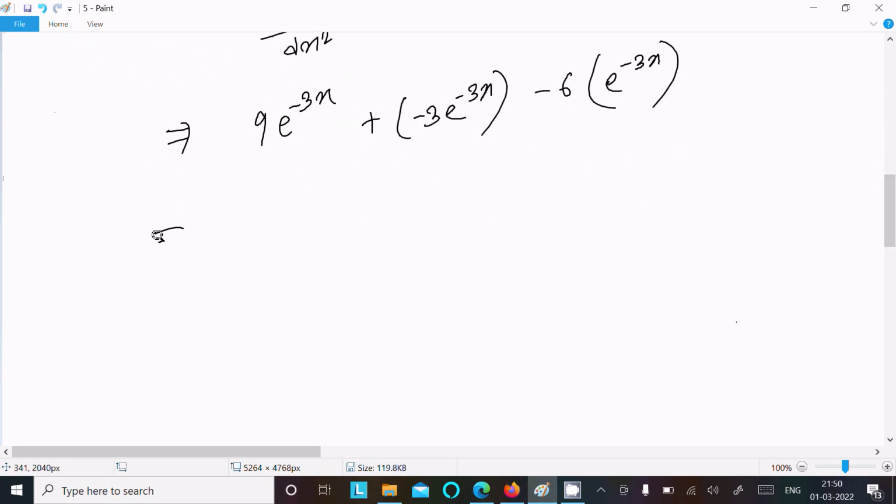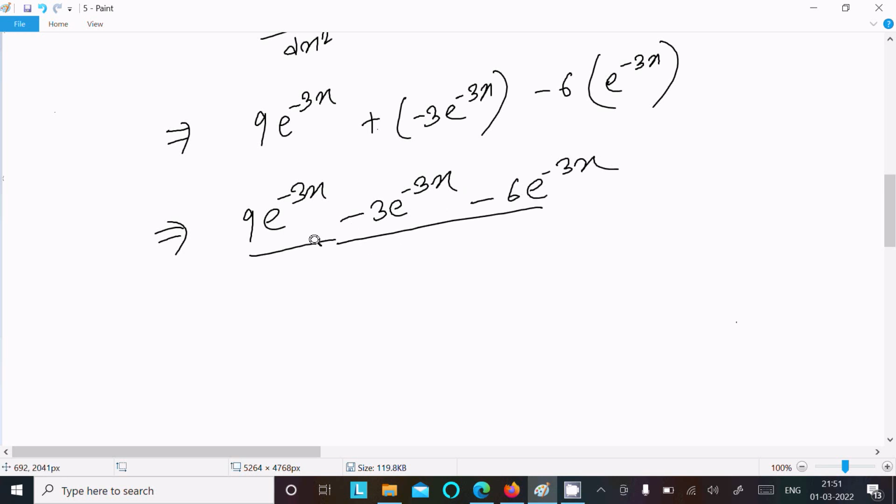Now after that here we can write 9 e power minus 3x, and plus times minus, so this we can write minus 3 e power minus 3x, and this is here minus 6 e power minus 3x. So if you calculate all of this, the value comes 0.